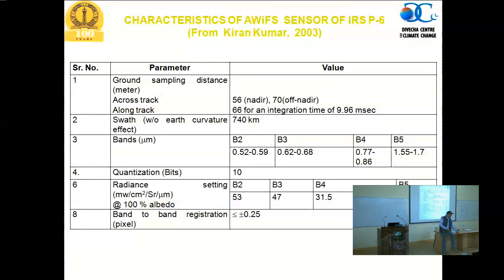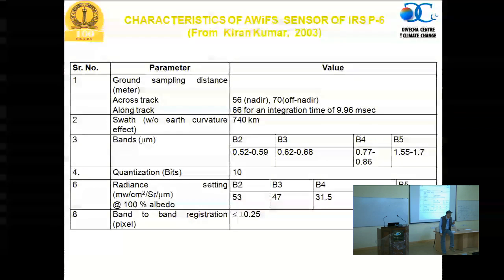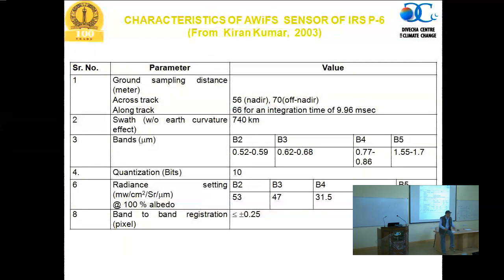Okay, there are two things that happen because of this. One thing is, as you take a longer swath, the curvature matters, and you require correction for curvature. You require a special resolution because of the number of CCDs, though that concept I will not talk about.